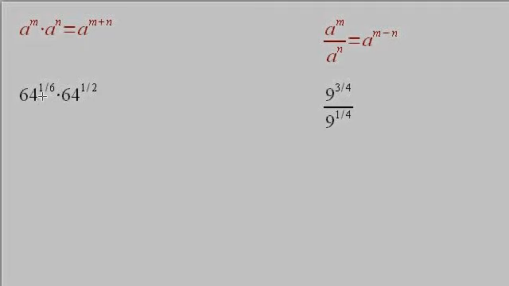We have 64 to the 1/6 times 64 to the 1/2. So you can see that our bases are the same. So that means we're going to use this property. We're multiplying, so we add the exponents. So this is equal to 64 to the 1/6 plus 1/2.